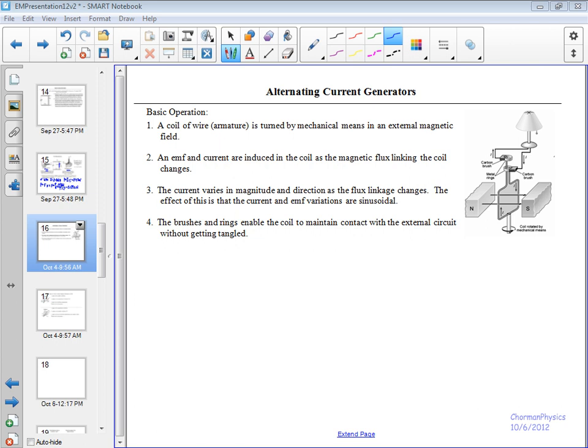How do we know this? Well, if we look at the equation for flux, it's just equal to B times A times cos theta. As we vary theta over time, which is what we're doing in here, we'll also be varying our EMF.